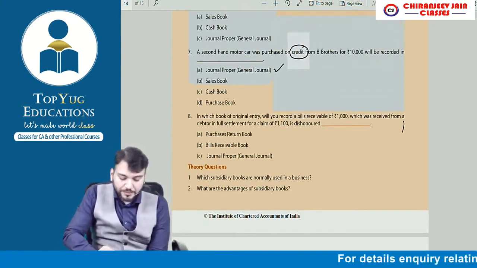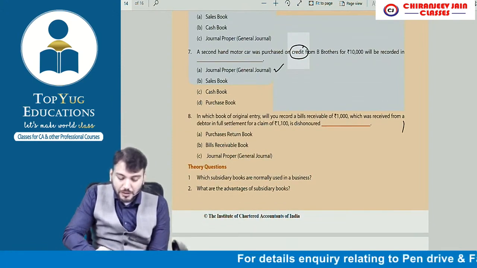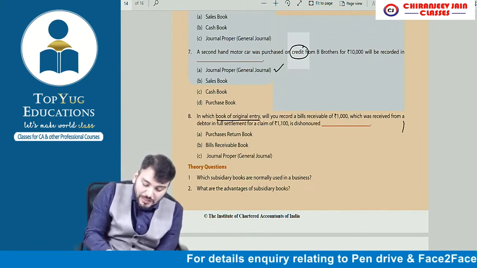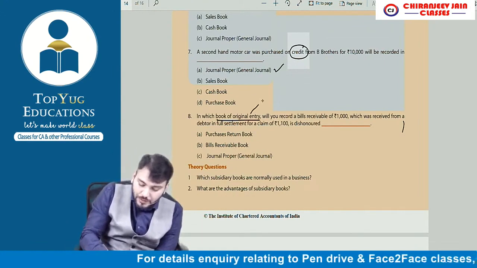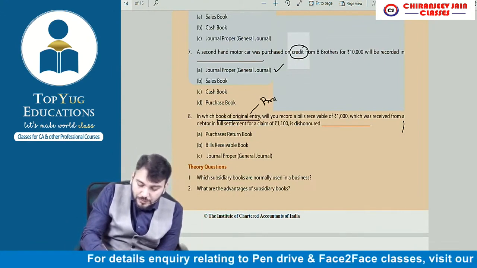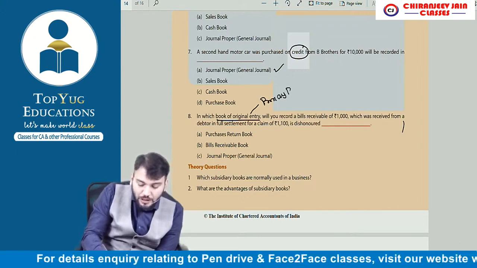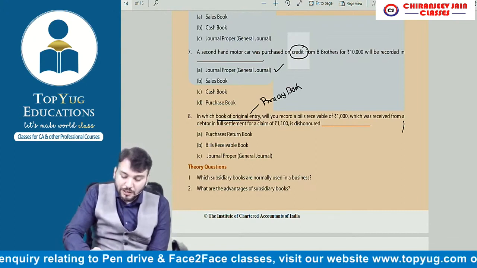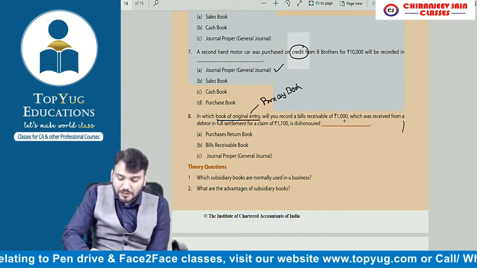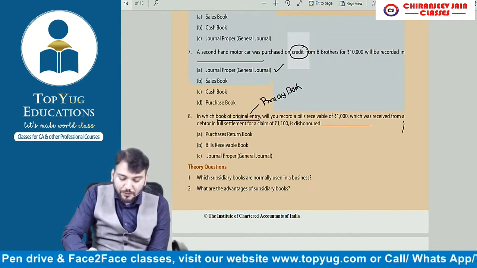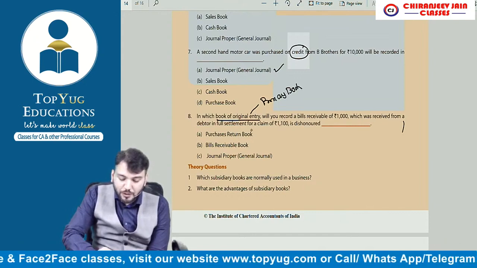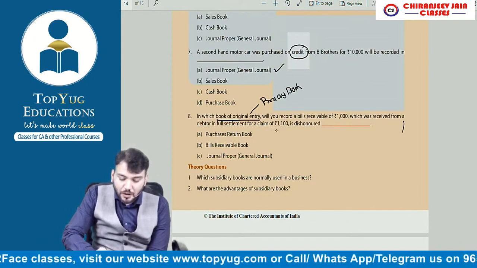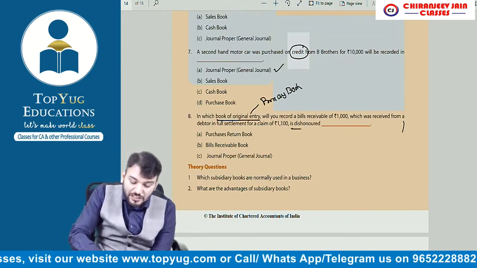MCQ number 8: in which book of original entry? Books of original entry means primary book, and a primary book can be a subsidiary book also. Will you record bills receivable of rupees 1000, which were received from a debtor in full settlement of a claim of rupees 1000, that is dishonored?